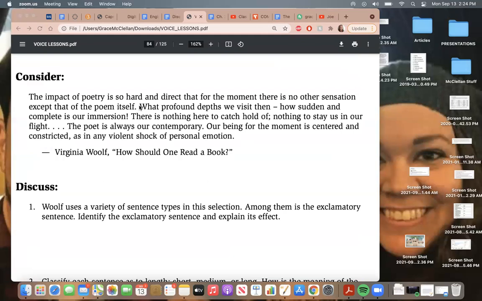Not insanely long, but pretty long. And then we've got this shorter one with a dash in the middle. And then this one is really weird because it's got a short clause and then a semicolon, another short clause, and then an ellipsis, and then another short sentence, and then a long sentence. So it's really varied as far as sentence length.